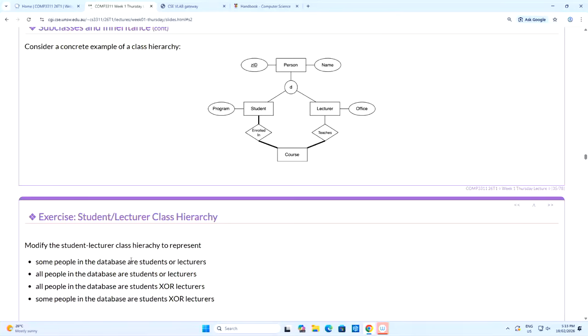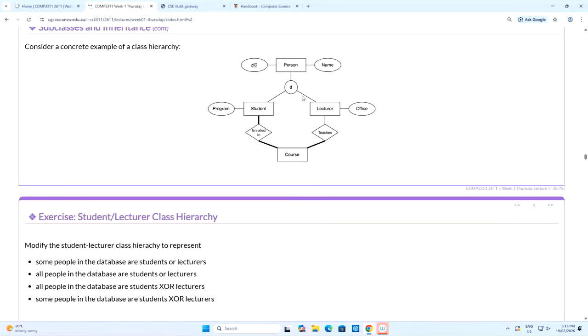In real life, or almost means XOR, but in computer science, or means it could be a student, it could be a lecturer, it could be both. So if some people in the database are both students and lecturers, or one of them, then we want to change disjoint to overlapping, because those two subclasses can now overlap.